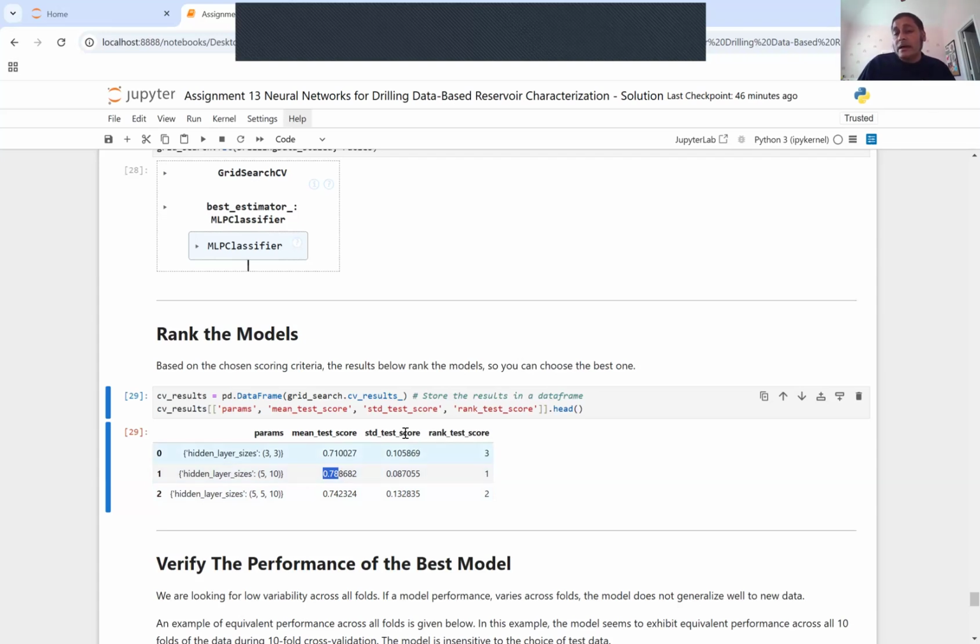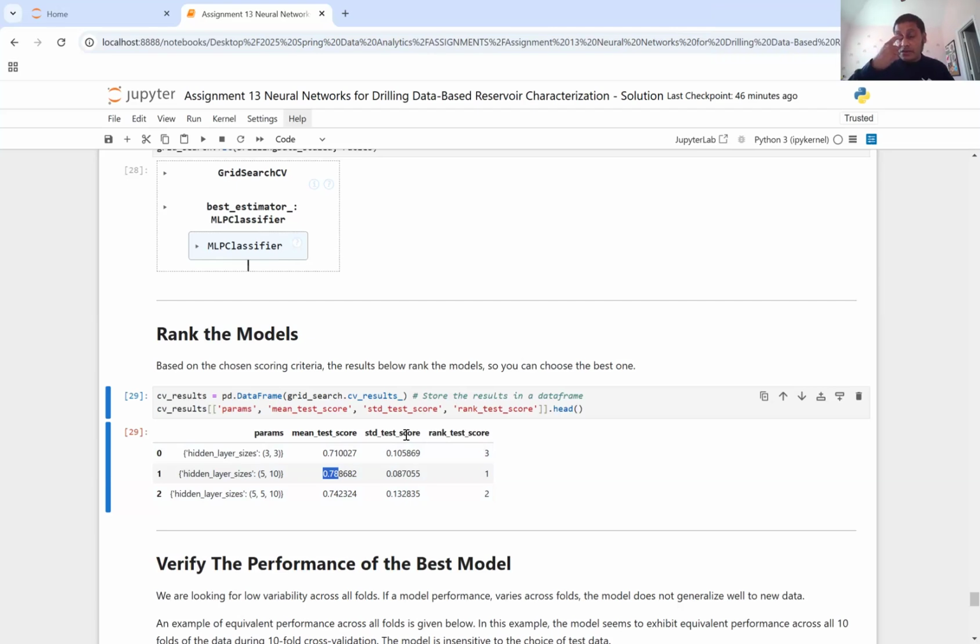Now there's another attribute of these models that I'm printing out, which is the standard deviation in the test scores. So we are doing 5-fold cross-validation, and we want the model performance to be equivalent across each one of the 5 folds. We do not want the model to be sensitive to the choice of test data.